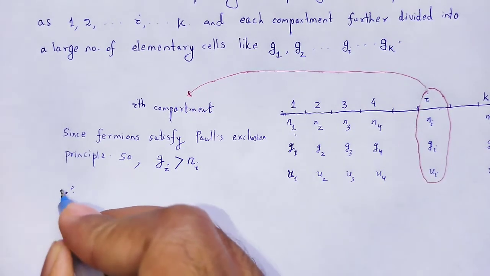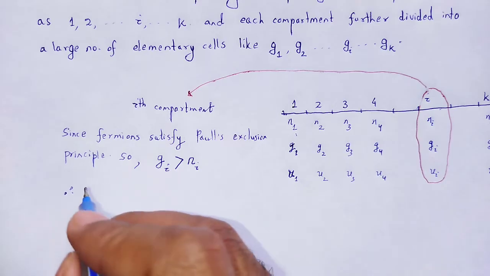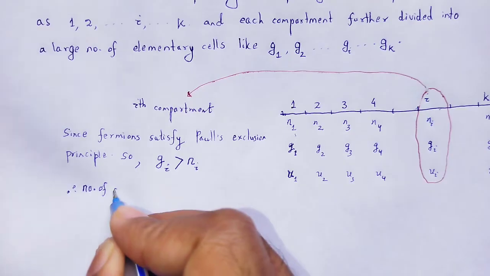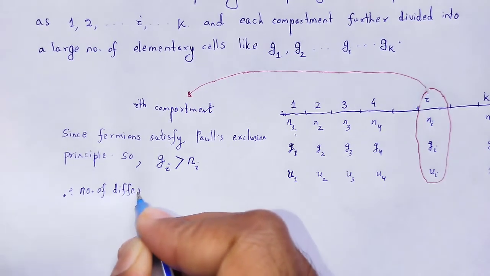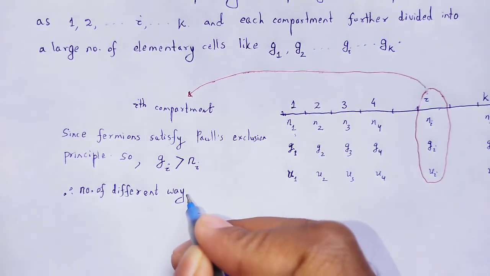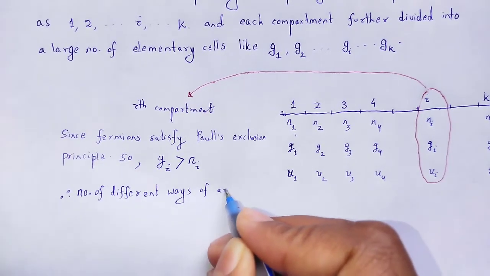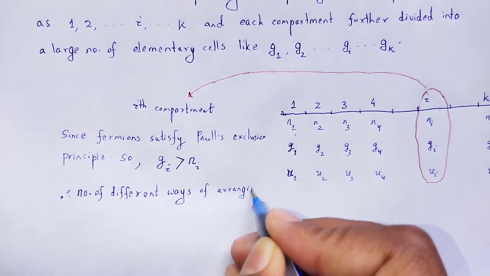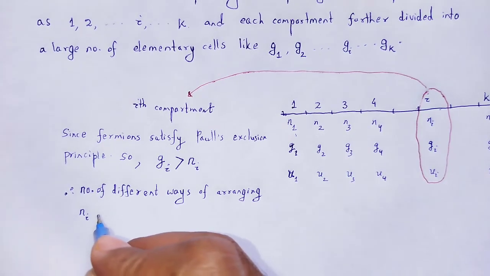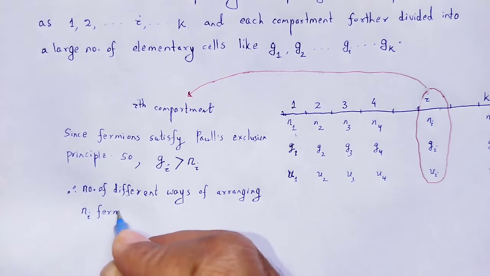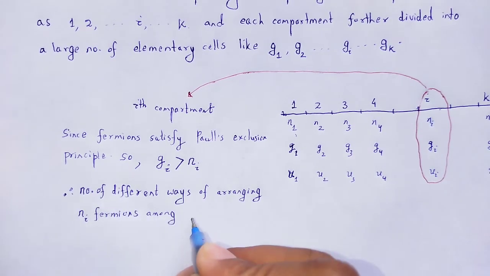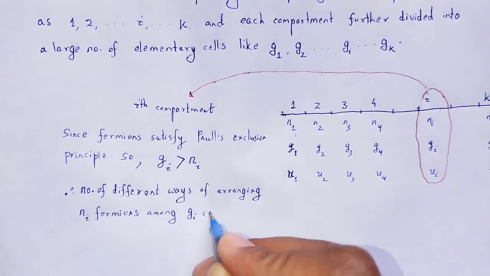Therefore, we can say the number of different ways of arranging Ni fermions among Gi cells.